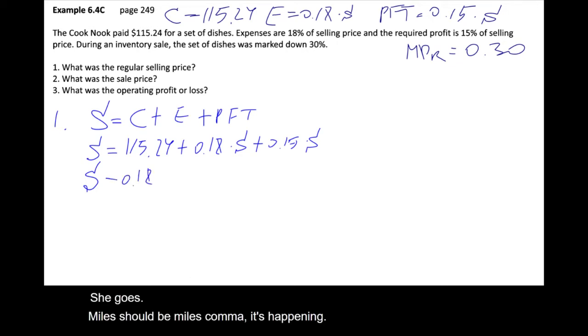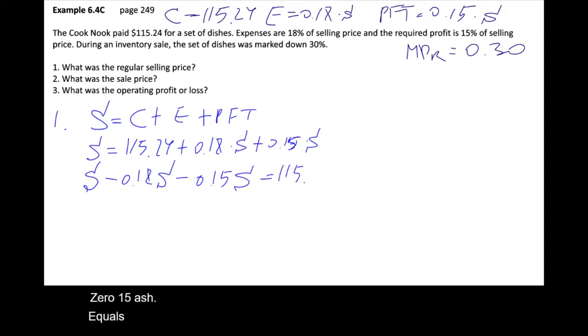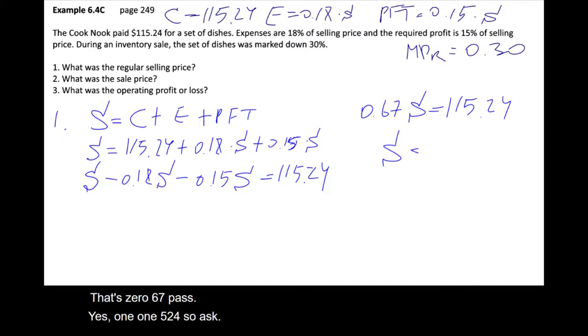S minus 0.18 S minus 0.15 S equals 115.24. So let me find 1 minus 0.18 minus 0.15, that's 0.67 S is 115.24. So S, what is it? $172. So that is correct.